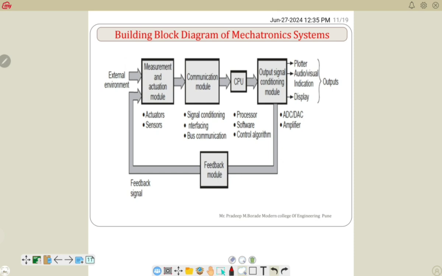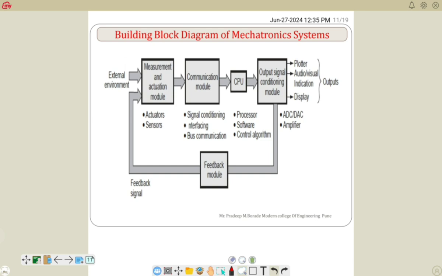Again the feedback module is there, then the feedback signal is sent to the measurement and actuation module. So this is the closed loop system including the feedback signal.